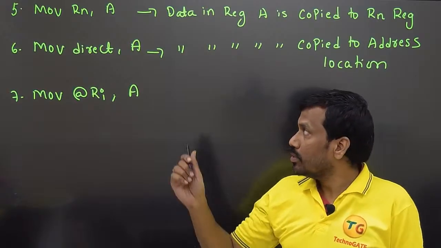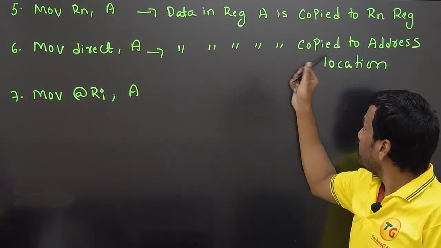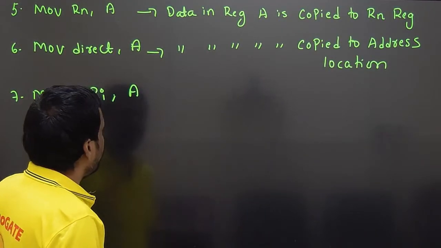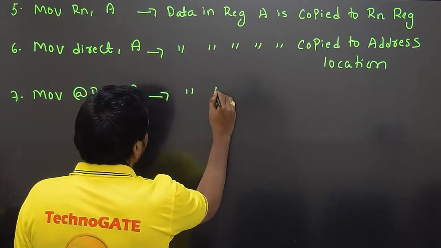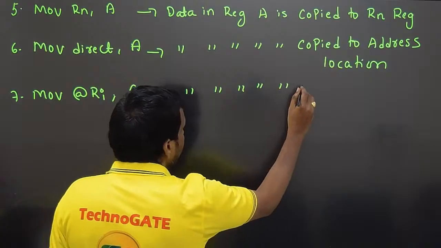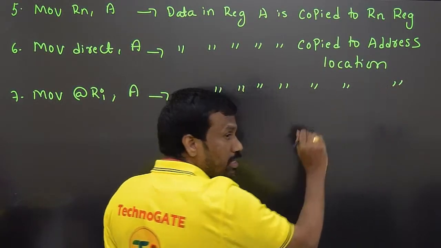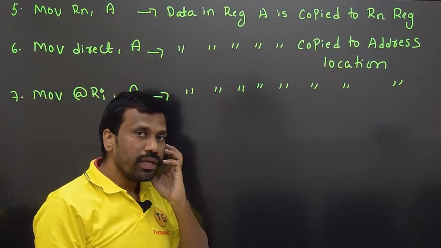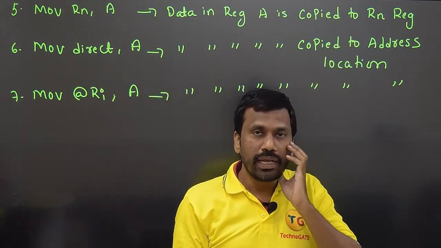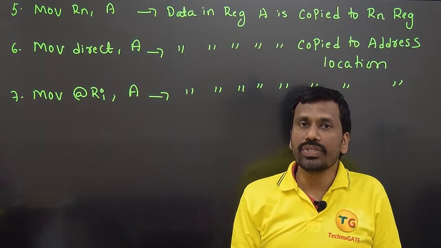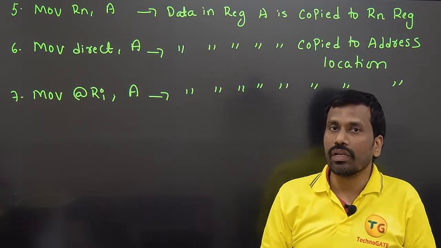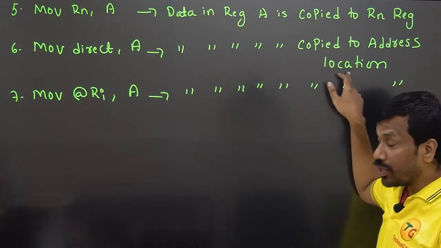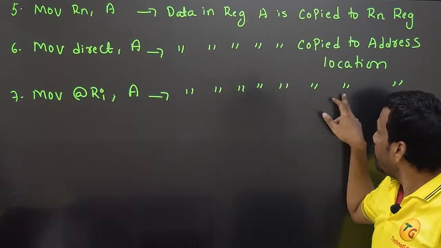So data in register A is copied to the address location. Next one, MOV @RA, A. Same. Data in register A is copied to the address location. Both are the same. The working is the same. Whatever the data in register A, that will be copied to the address location.